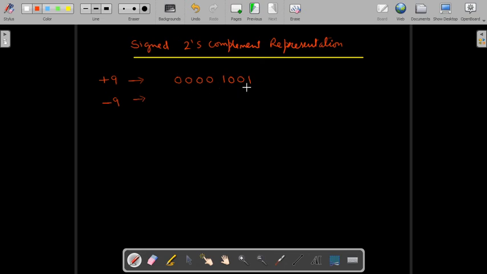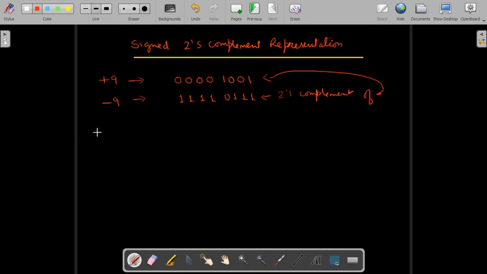So this number in 2's complement is to be represented like 11110111, where this is the 2's complement of this number.